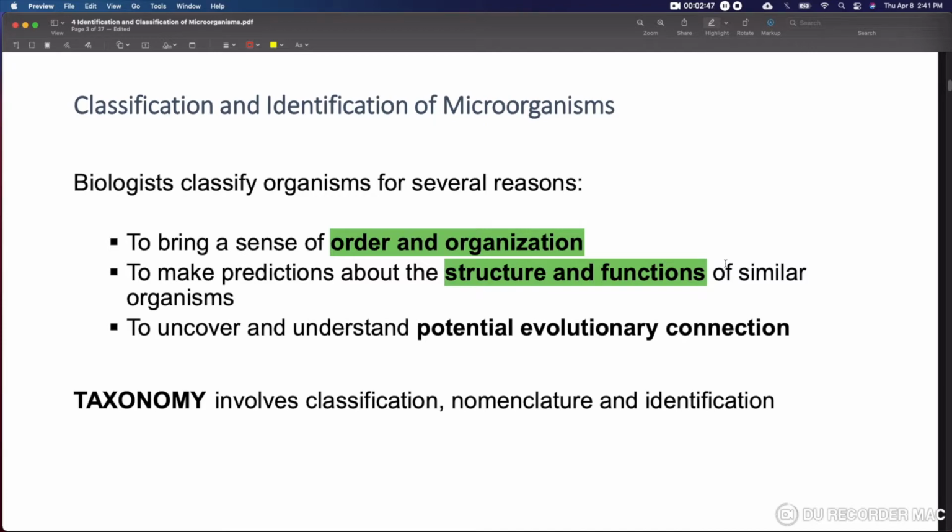But aside from that, the next one is to uncover and understand the potential evolutionary connection across different taxa, no? Because nothing in biology makes sense except in the light of evolution. That's Theodosius Dobzhansky, 1973, no? Kung maalala nyo pa si biosystematics nyo.